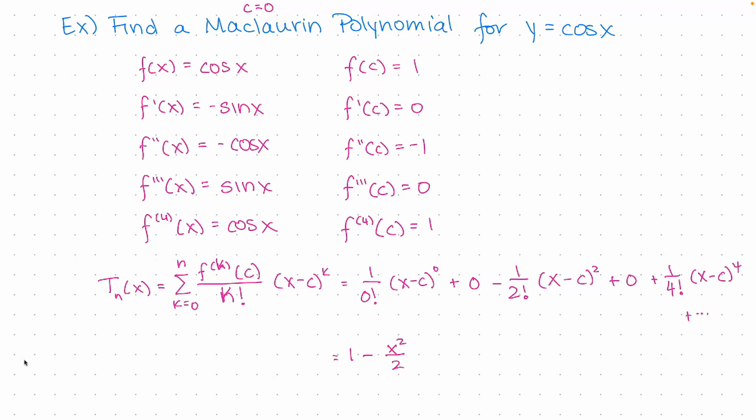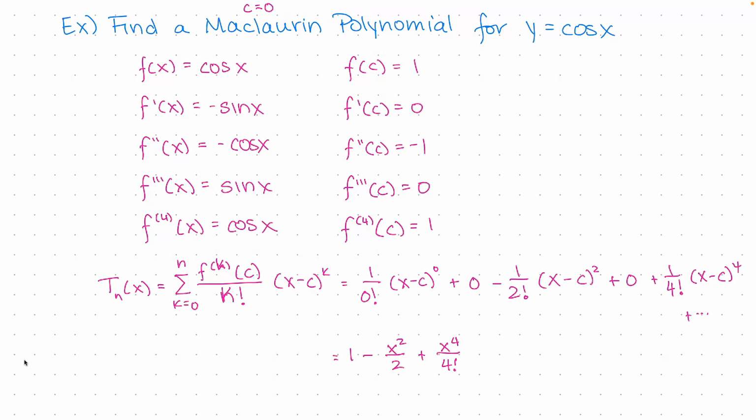Let's look at this guy. Yeah. We can write 24, but as it keeps going, these numbers are going to get kind of big. I'm actually going to leave it as 4 factorial. So plus x to the 4th over 4 factorial.